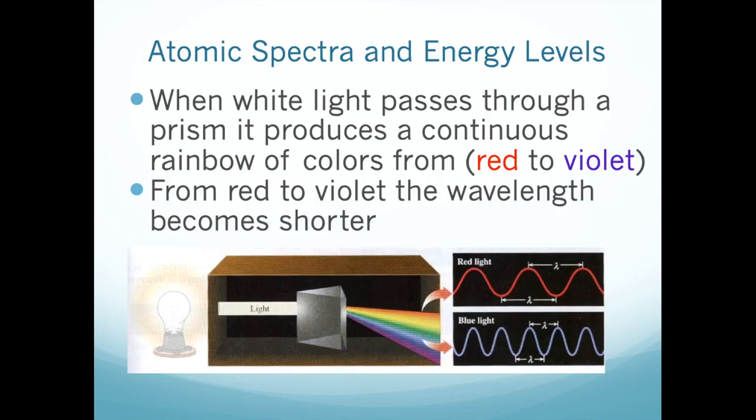Okay, so basically, if you take white light, which is a mixture of different kinds of light on your electromagnetic spectrum, and pass it through a prism, you get the colors of the rainbow, right? You've probably seen this done in a science class, or just in general, that when you pass light through a prism, it splits up into the individual wavelengths of light, into the colors of the rainbow.